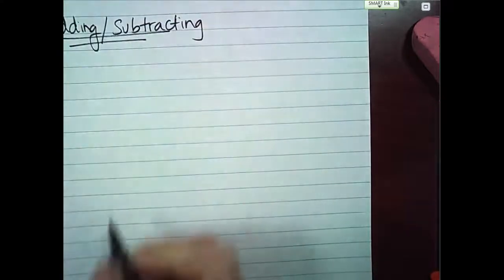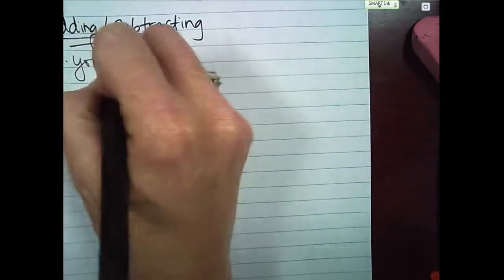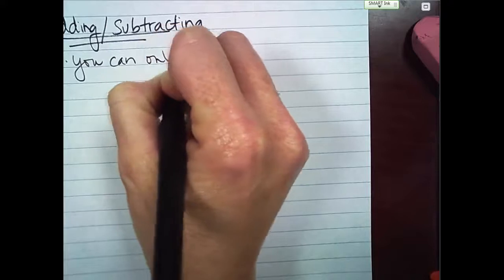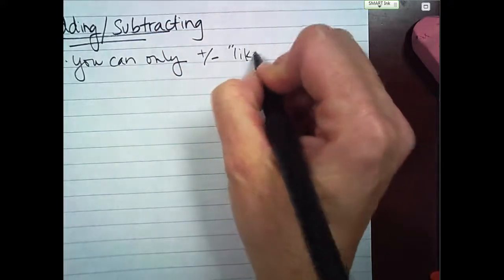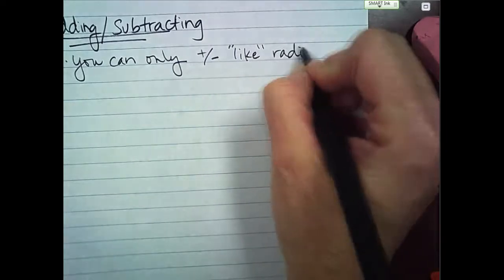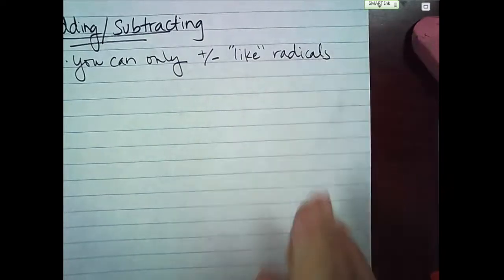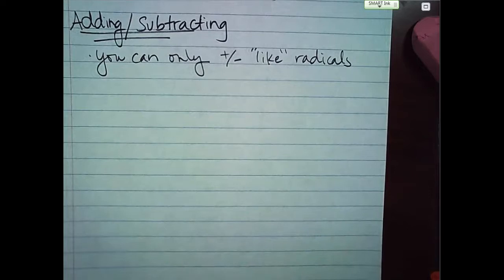Here's adding and subtracting. You can only add and subtract like radicals. Okay? You can only add and subtract like radicals.